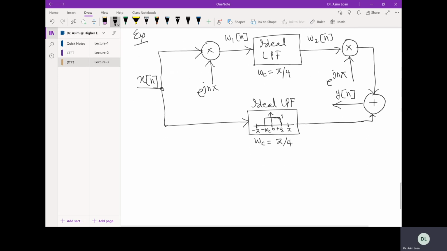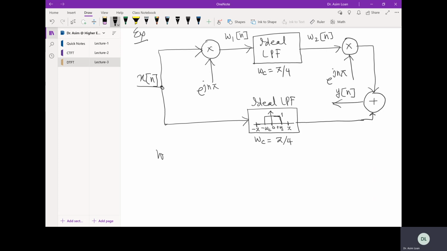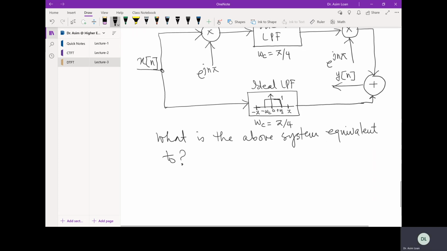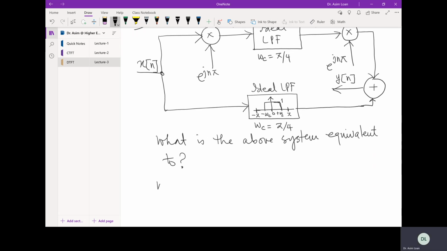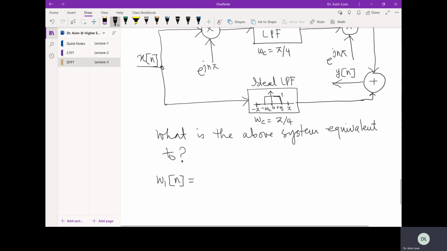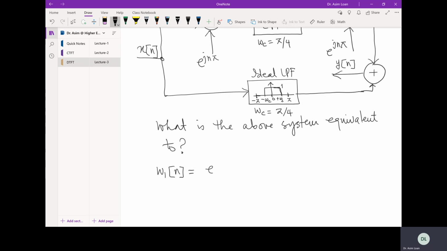So we want to see what the above system is equivalent to. Okay. So we know w1 of n equals e^{jn pi} into x of n.